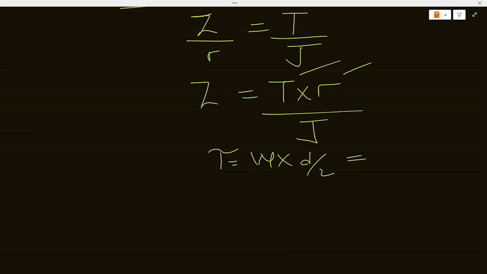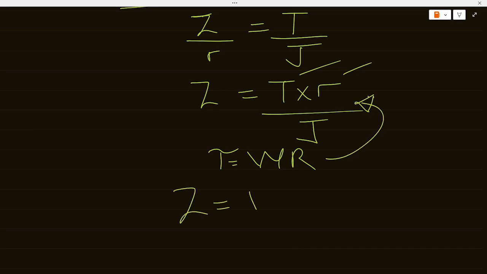But regardless, the unit is Newton meter. So torque is WR. Substituting it inside this equation, we'll be having WR.